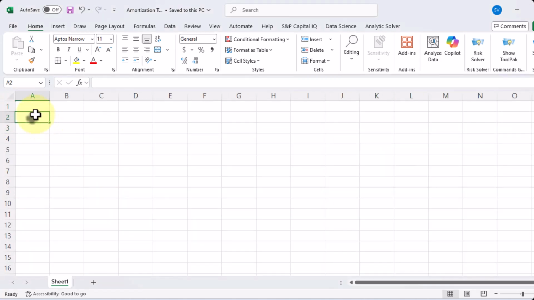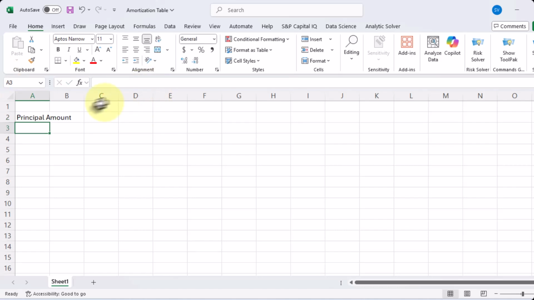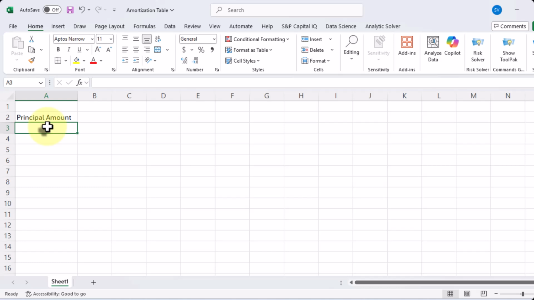And we're going to put the terms of our loan that we're looking at in the top part of our worksheet here. So we're going to start off with the principal amount. So this would be the total amount of our loan, the amount of the loan that we're taking out here. In the next cell down, we're going to put in the number of payments.